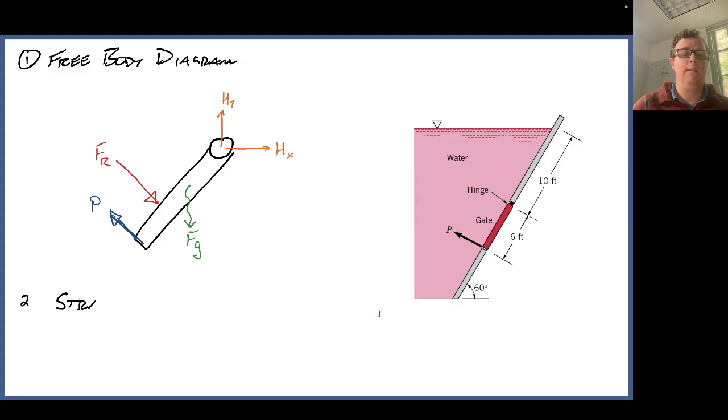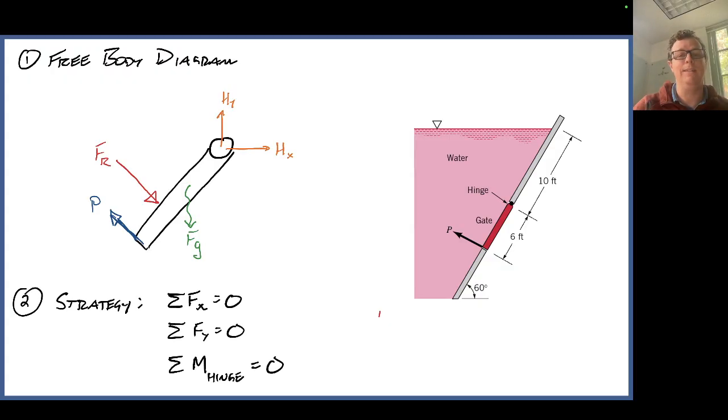So with this in mind, then we need to think about a strategy for solving this problem. And in general, there's 3 equations that we could manifest. We can sum the forces in the x direction, we could sum the forces in the y direction, and we could sum the moments around any point in the problem, although the hinge is typically where we'll pick for reasons that will become evident in just a moment. So should we sum the forces in the x or the y direction?